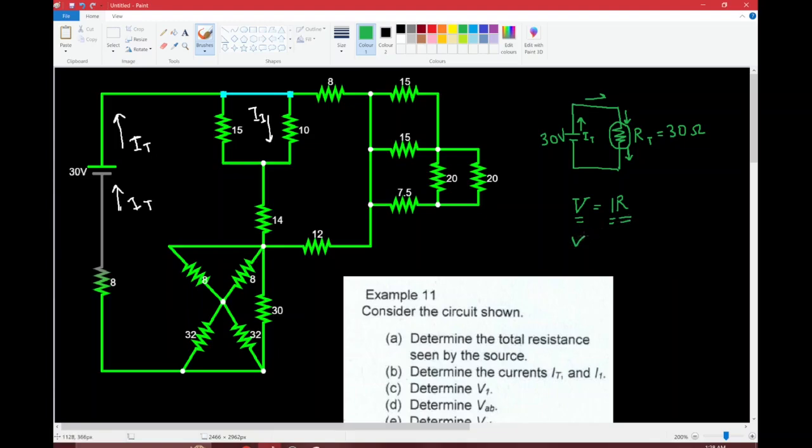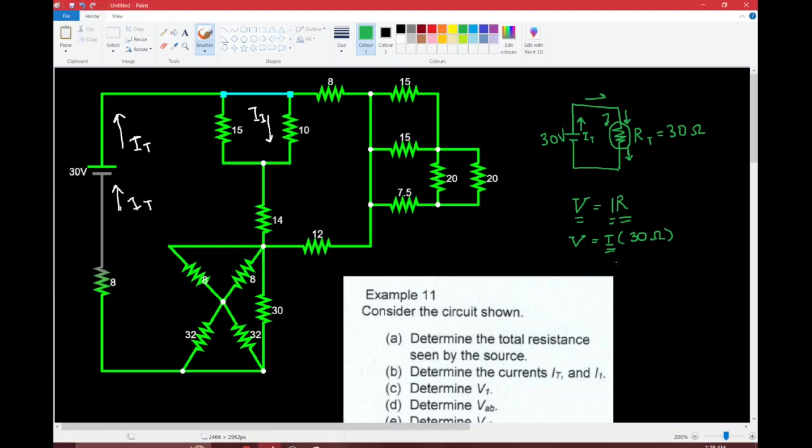So we can just fill in the values that we do know right away. We know that the resistance is going to be 30 ohms, and the current that's moving through the resistor is IT, right?